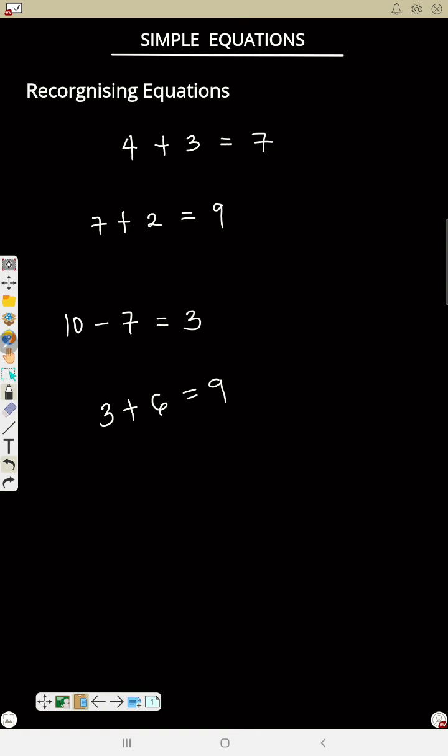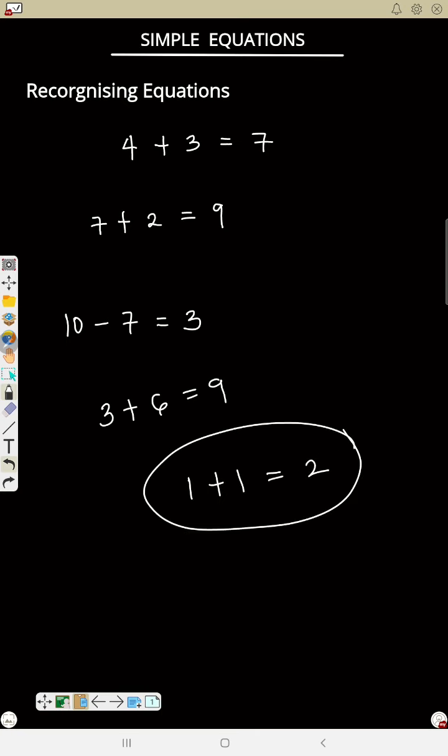Now, if I ask you, give me 5 examples of arithmetic equation that you know. Think of any number. So you can even say 1 plus 1 is equals to 2. This is also arithmetic equation.